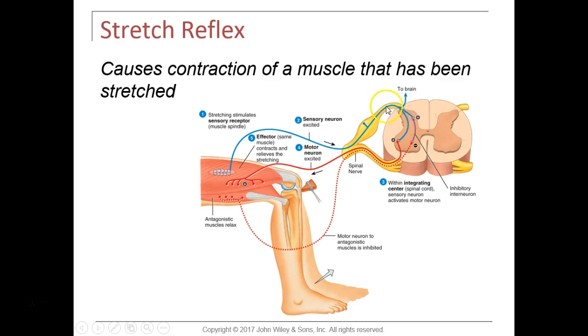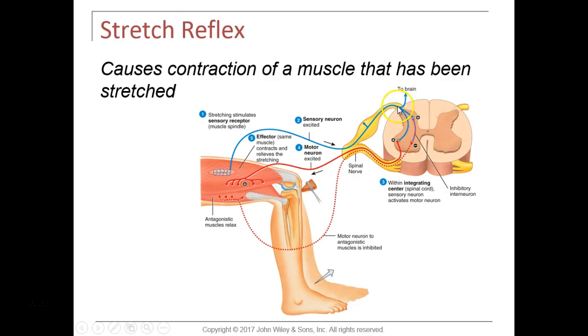The reciprocal innervation or inhibition is called a polysynaptic ipsilateral reflex, because we have multiple synapses, and the motor information leaves on the same side of the body that the sensory information came in, so it's still ipsilateral. So the reciprocal inhibition is a polysynaptic ipsilateral reflex.